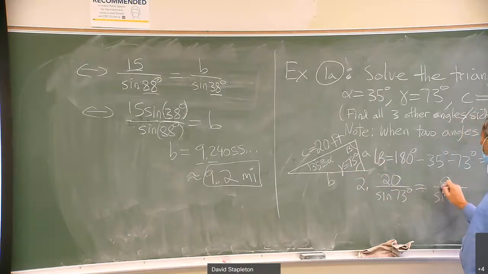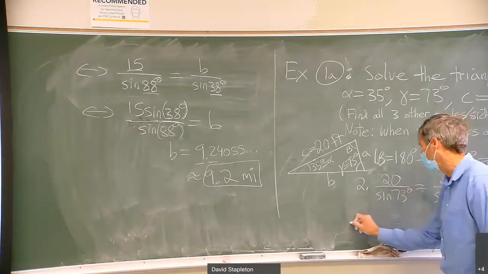And so we've written the original law of sines, the reciprocals, to save a little time here, because now all I have to do is multiply by sine 35 degrees, and I've got it, right?